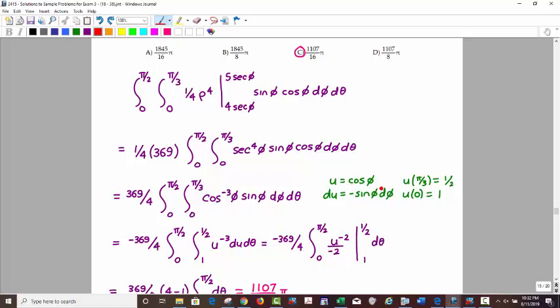If u is cos phi, du will be negative sine phi d phi. I keep saying theta, excuse me, phi. There are no thetas here, but be careful when you're looking at problems because they could have phi and theta both in the same problem.